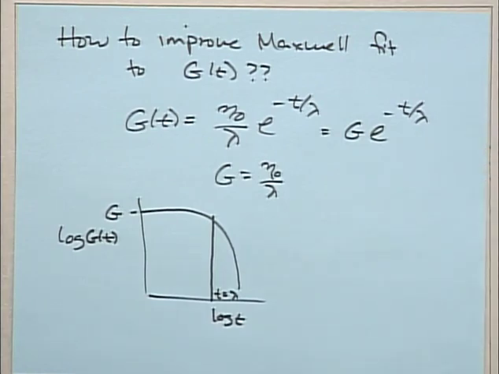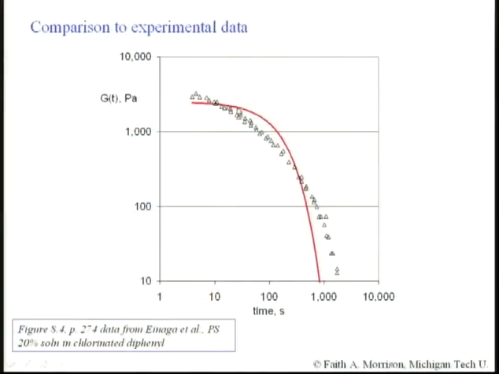So when I look at the comparison with the data, if I lowered the G that I'm using here, lower, lower, lower, and then maybe shift it to the right, which would be increasing the relaxation time, I could get this curve to match maybe just this portion of the curve.